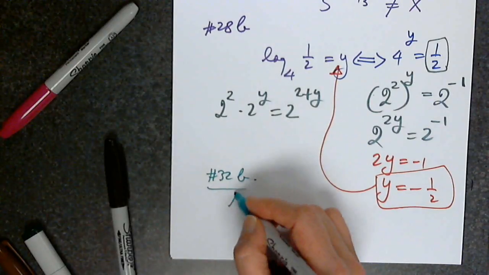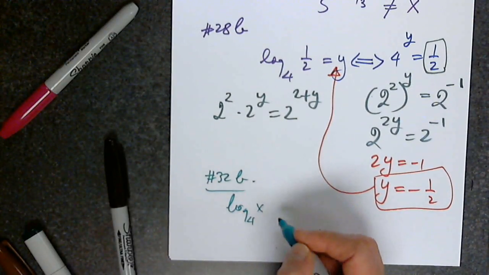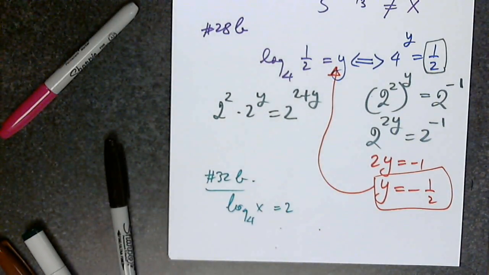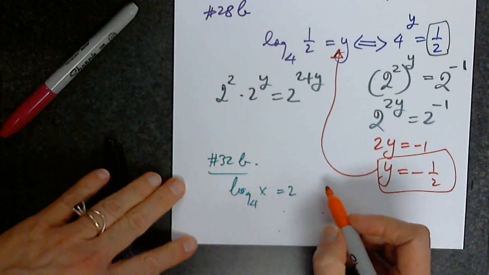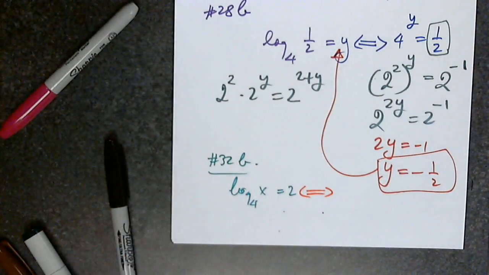So log base 4 of x equals 2. Use the definition of the log function to find x, or in other words, the most important property or concept in this chapter. That's the foundation of everything we talk about in chapter 4.